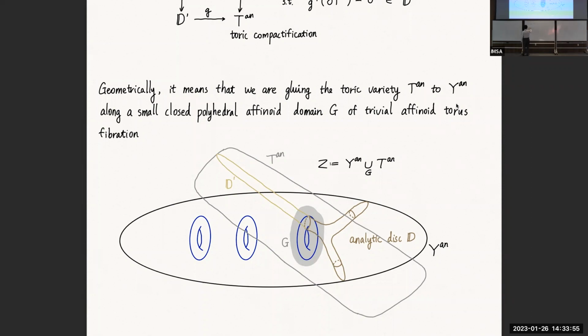In the non-Archimedean approach, as I was explaining here, we put a cap on that curve to make it into a closed curve. And in the logarithmic approach, what Gross and Siebert do is to shrink this circle by degeneration.